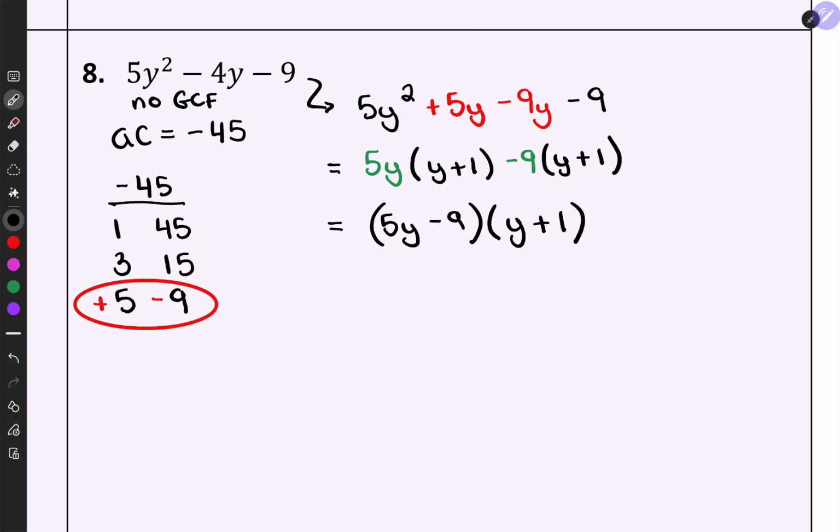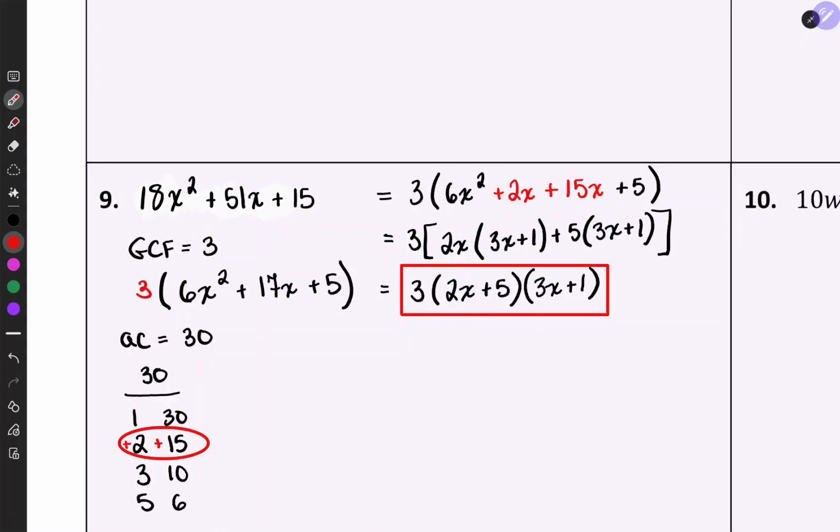So between negative 9y and negative 9, yes, 9 is the literal greatest common factor, but that leaves a factor of negative 1, which is also a common factor. So we want to factor that out as well. So we want to make sure we're factoring out a negative 9 from negative 9y minus 9. And we want to factor out that negative 9. Okay.